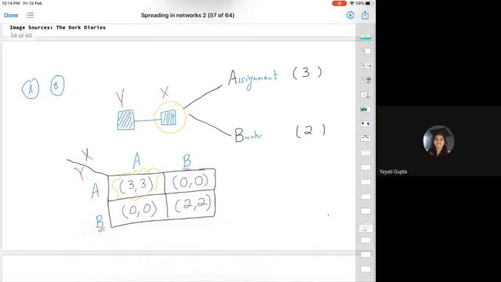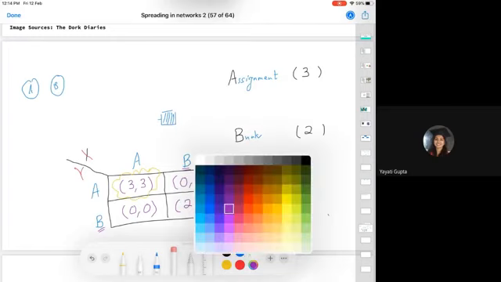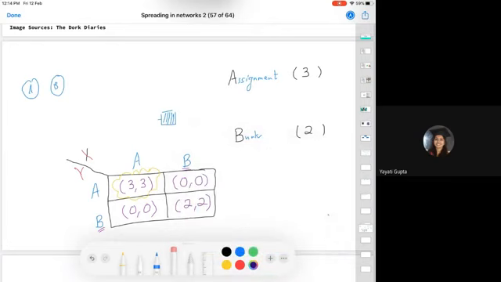So we are going to see it again from the perspective of this person X here. Let me just take a moment. So these are the two actions I have. Now what will happen? This person X in general will have a large number of friends.